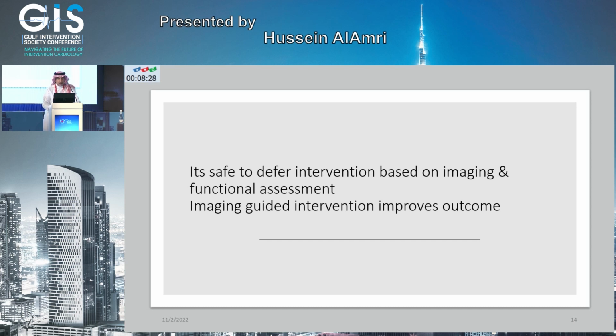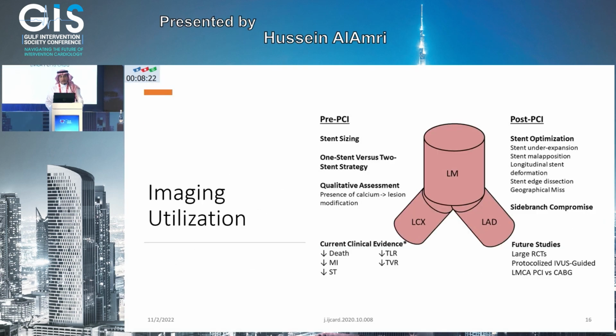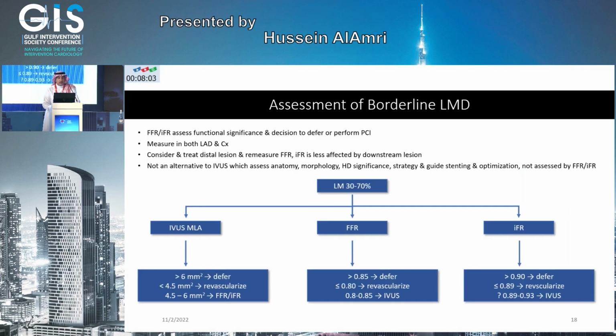You have to know that it is safe to defer your intervention based on IFR or FFR, and you don't need to worry about that. And always use imaging to guide your pre-PCI planning, the PCI procedure itself, and post-PCI. So probably you will need three runs of imaging during your intervention.